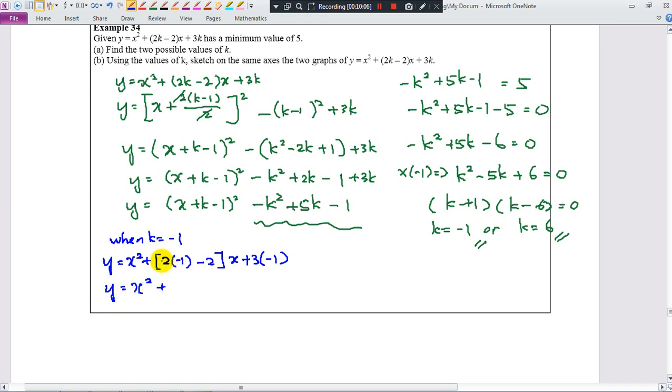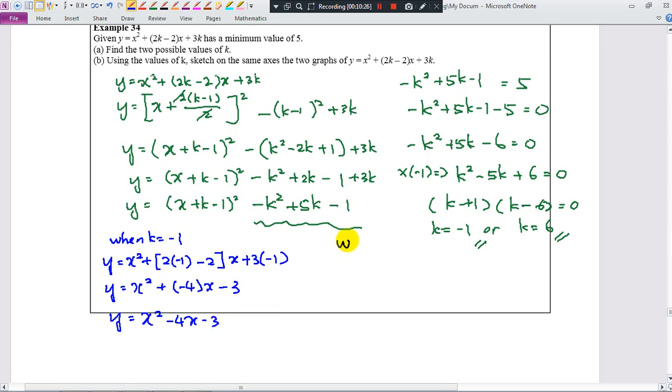So here we get negative 2, negative 2, negative 4, x squared. So minus 4x minus 3. This one, you go back and try to sketch a graph.